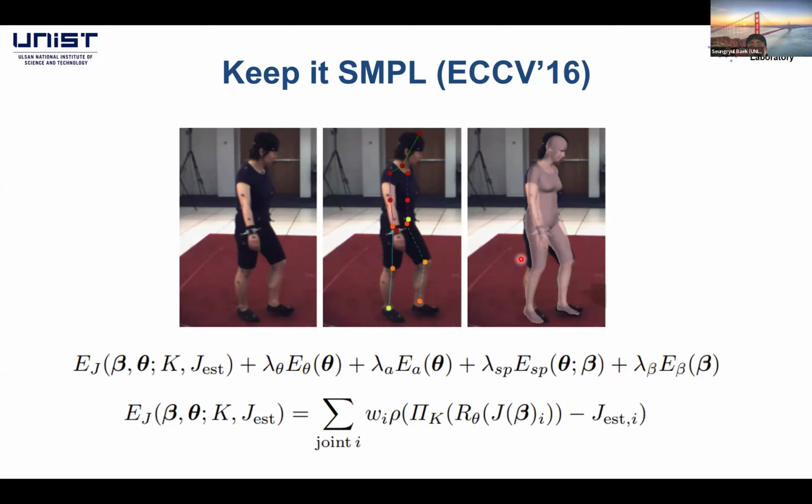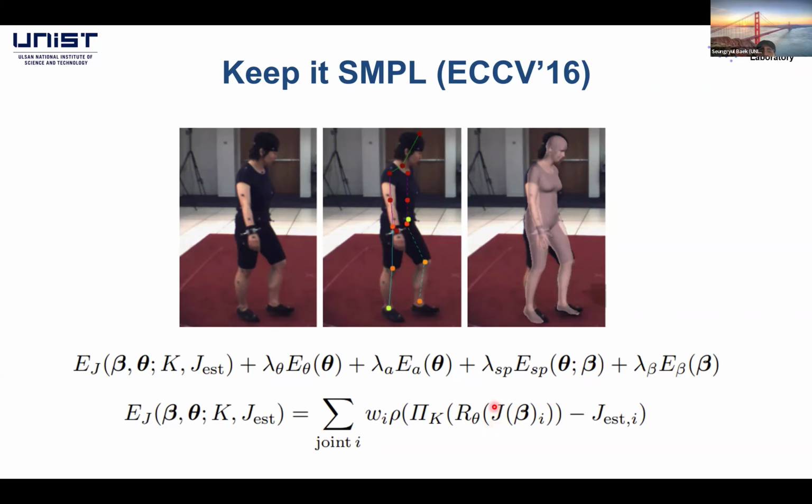And then what they did was, from this SMPL mesh, via the joint regressor, we can get the 3D skeleton from these 3D meshes. This J means the joint regressor.